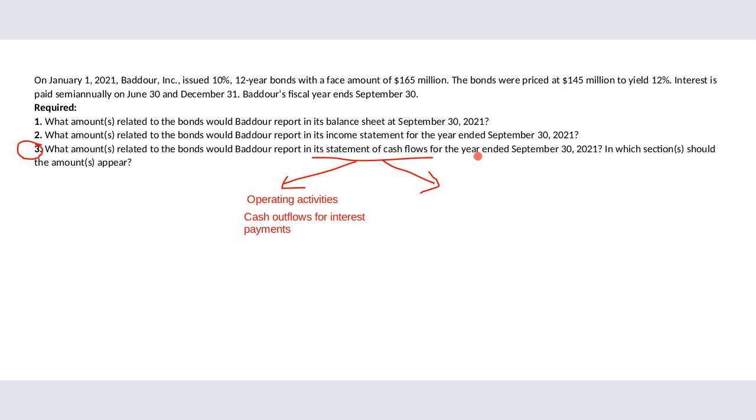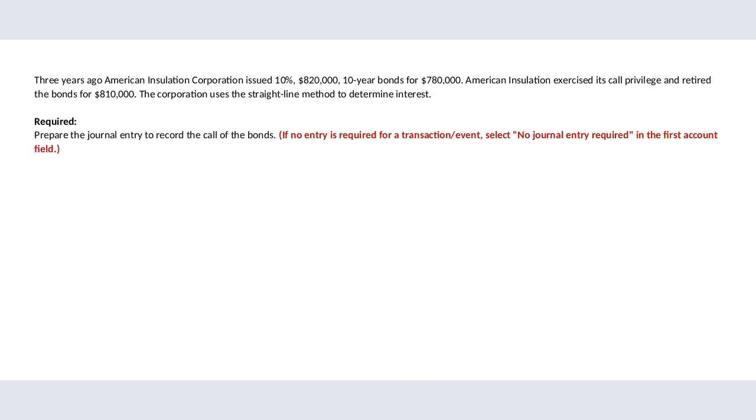So in this case, since we only have one payment that falls in this period, then we will only have that payment. Do I have something else here? I have this and I don't have anything else.